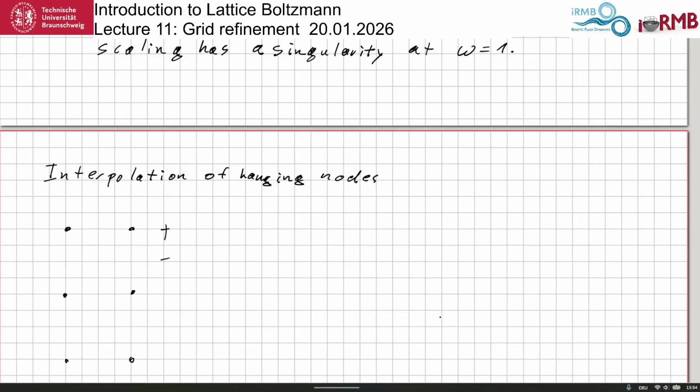So here's the fine grid. Here's this overlap, and here are the hanging nodes. Okay, let's put it like this and say this here is the hanging node.